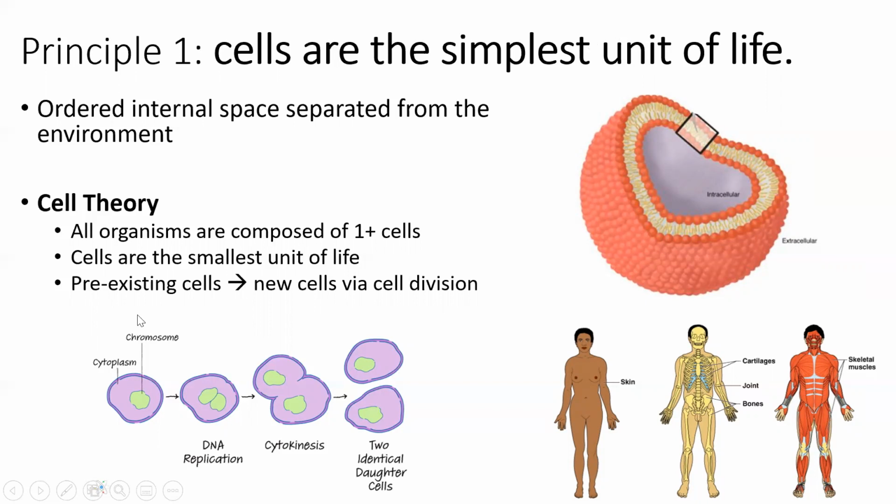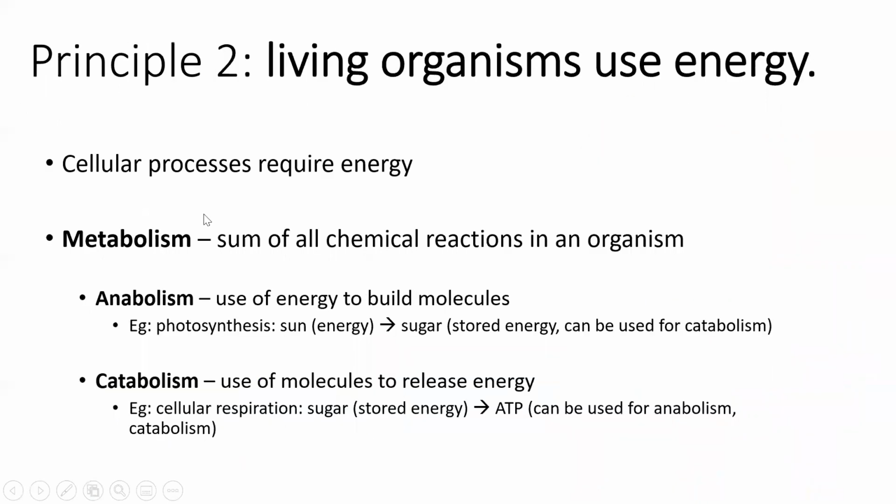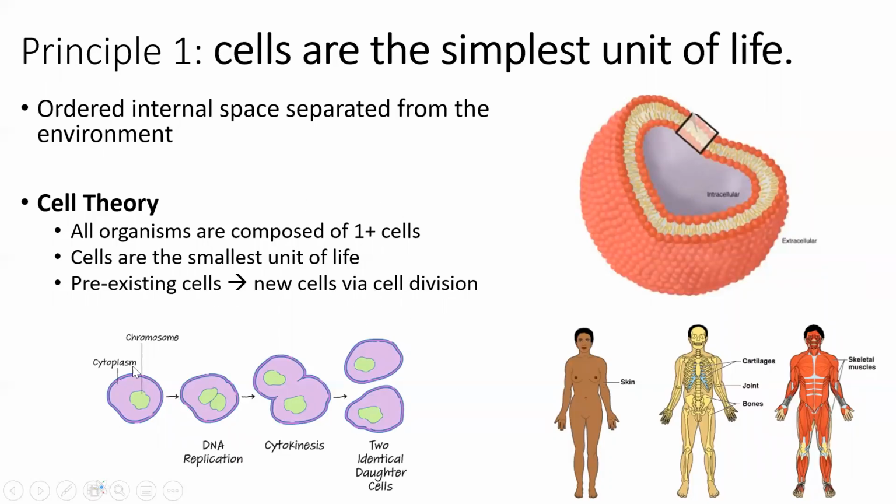And pre-existing cells will give rise to new cells via cell division. So for example, you have a cell, and then with the replication of the DNA, which we're going to go over when we talk about the cell cycle, we'll create a new cell, and then you have two identical daughter cells right here. We're going to see that the cells will then come together to form the tissue.